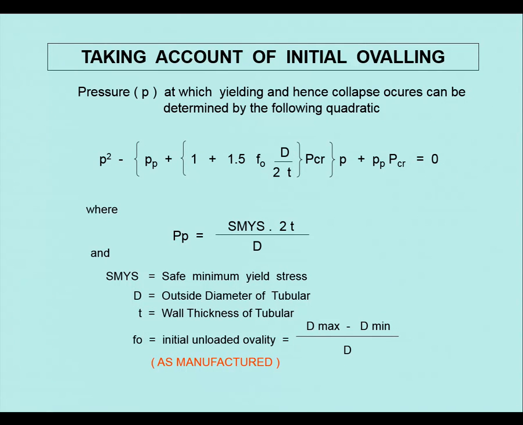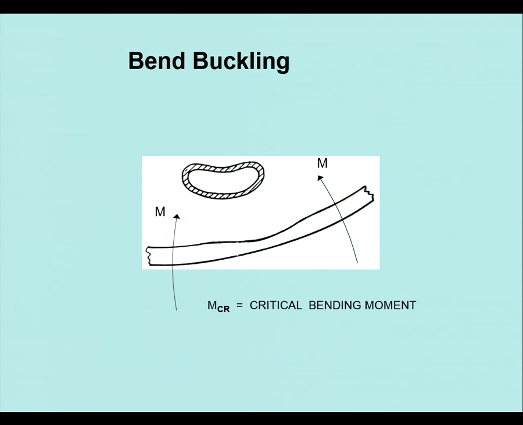Then, because we've got imperfection, we've got out of roundness, we can now change that and come up using this formula to come out with a pressure at which it collapses at due to a more realistic figure. So that's just due to pressure.